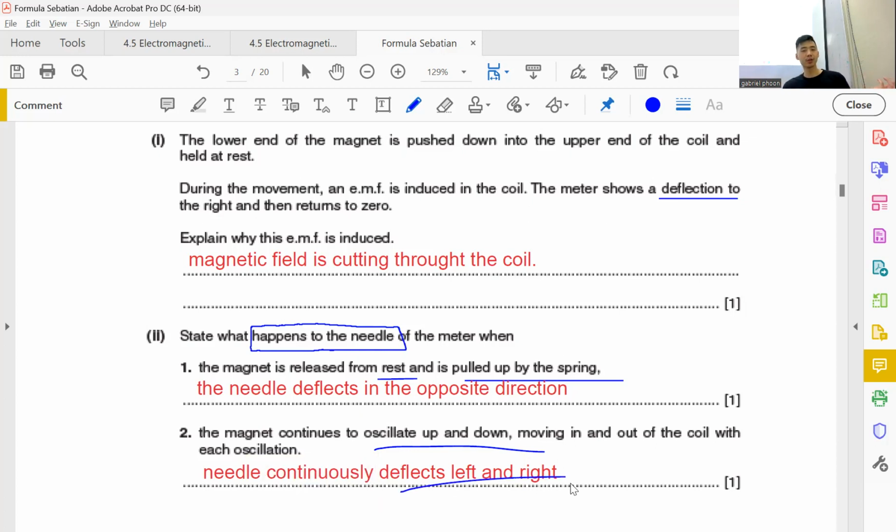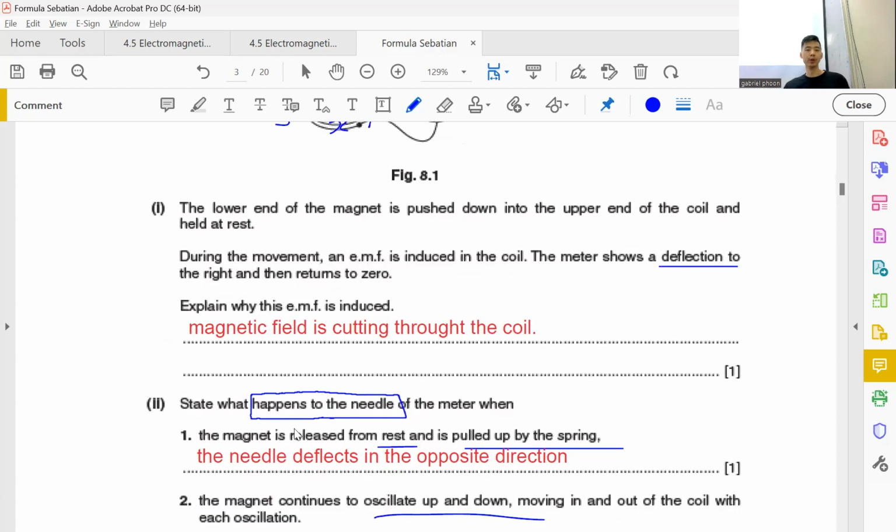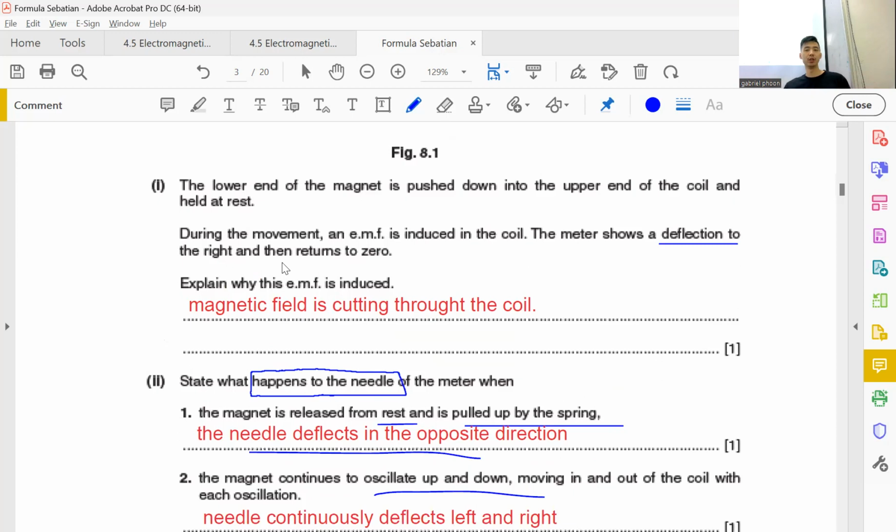Because it's not answering the question. It did not mention that the needle is deflecting left and right continuously. You can word it another way, but you're saying deflection in the opposite direction. As you could even write it deflects to the left also, because initially it deflects to the right. Right, if you wrote deflects to the left, it's correct. It's not wrong. But I just generalize it, I make it in the opposite direction. For sure, it will be right already.